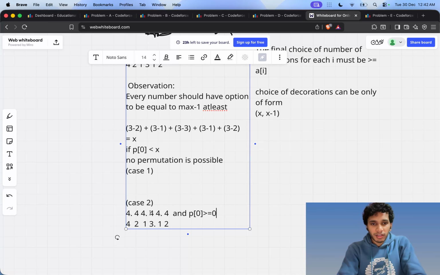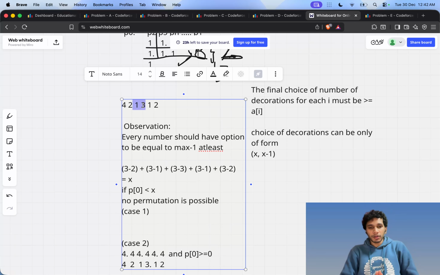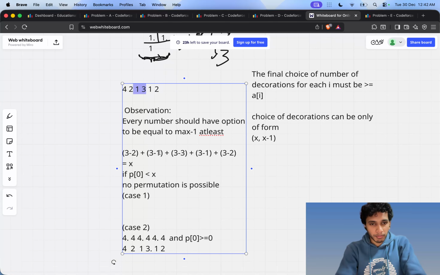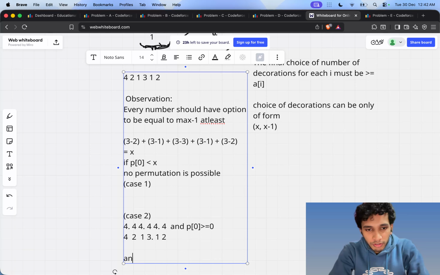Everyone has the free will to take from P0. The index with the minimum number of decorations can also take from P0, and the person with the highest number of decorations, 4, can also take from P0. There is no restriction.